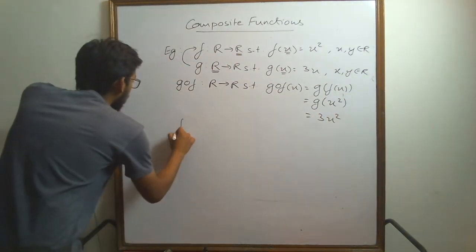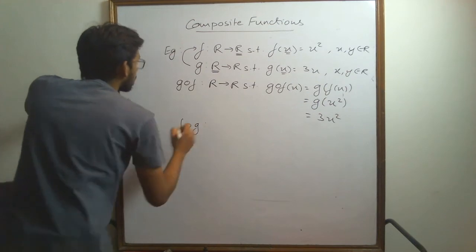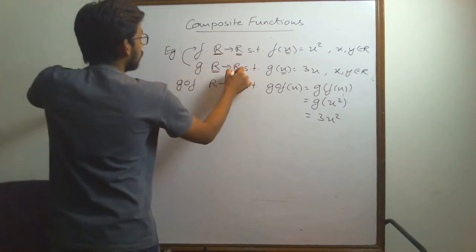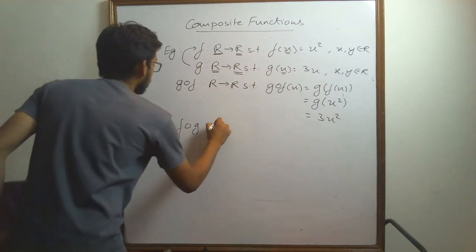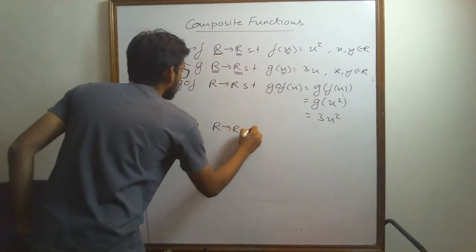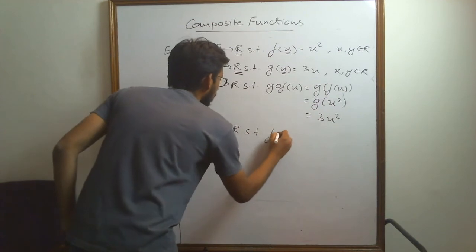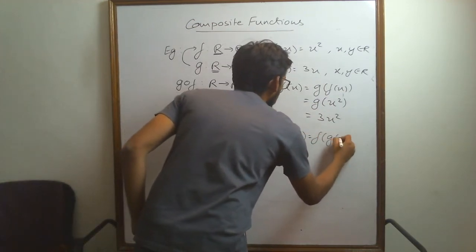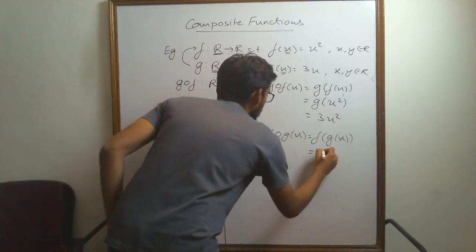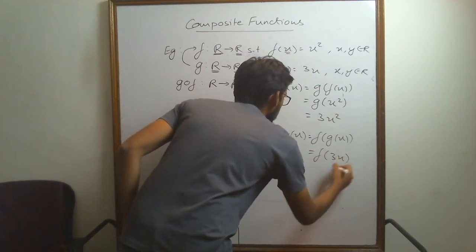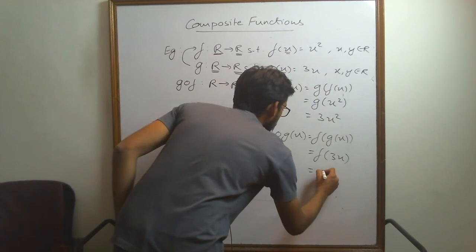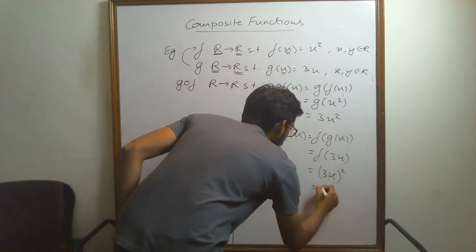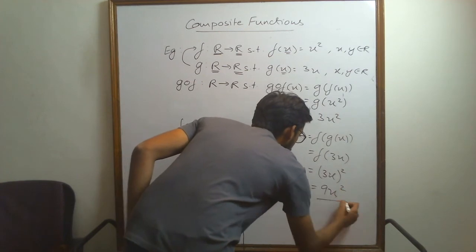And if I define a function f of g, now for f of g, we see that the domain of f and the codomain of g are equal, so we can define f of g from R to R such that f of g of x is equal to f of 3x, which is actually equal to 3x whole square, which is 9x square.